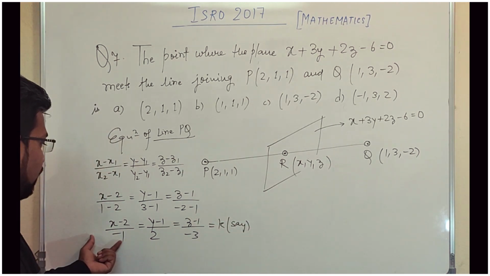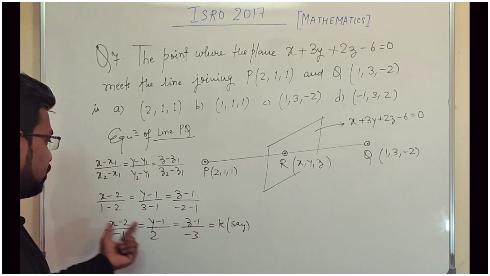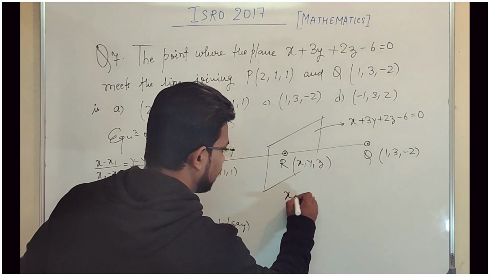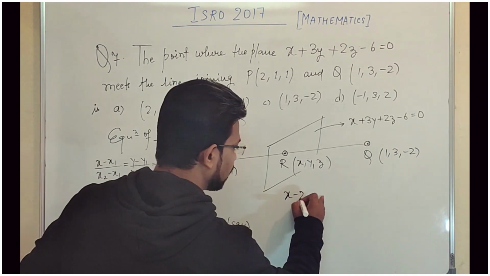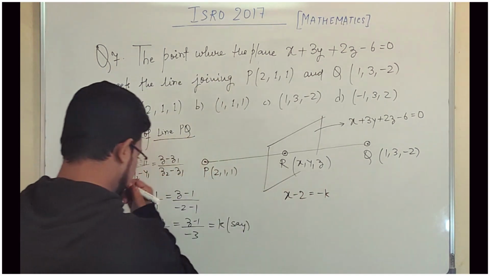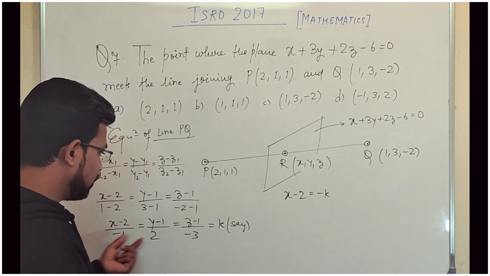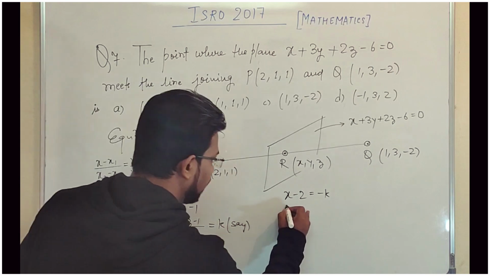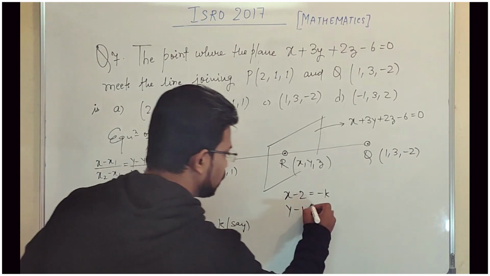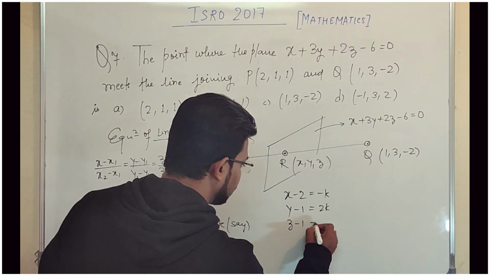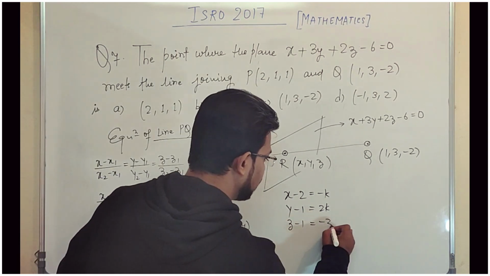Great. Now from here I'll be finding x, y and z in terms of k. So I can write that x minus 2 is equal to minus k, because minus 1 and k is minus k. Then we have y minus 1 is equal to 2k, and then z minus 1 is equal to minus 3k.